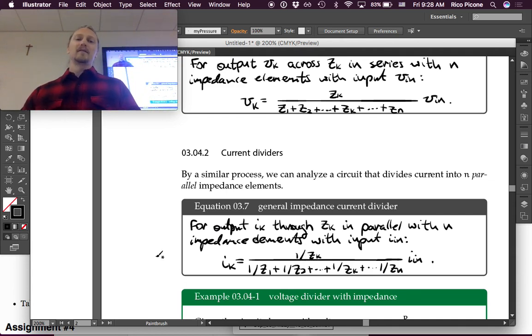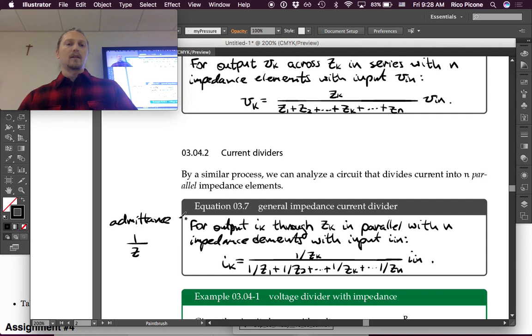We haven't used the term, and I'm not really going to use it, but just so you're aware, 1 over the impedance is sometimes called the admittance. So you could think of this as the admittance of the kth element divided by the sum of the admittances of the other elements.